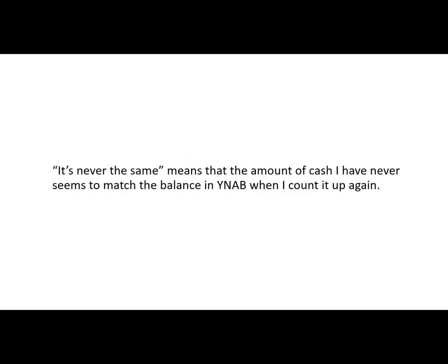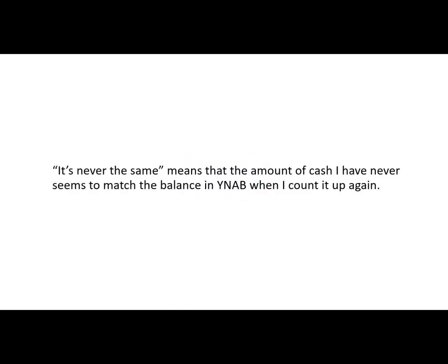And the reason I keep it in a box is because I can't seem to hold on to cash. I don't know what it is. It doesn't seem to like me. When I was compulsively spending, I knew money was burning a hole in my pocket because I spent it faster than I could get it in. But now, I'm really careful with my money, but when it's on my person, for some reason, when I go to count it up and reconcile it with YNAB, honestly, it's never the same.